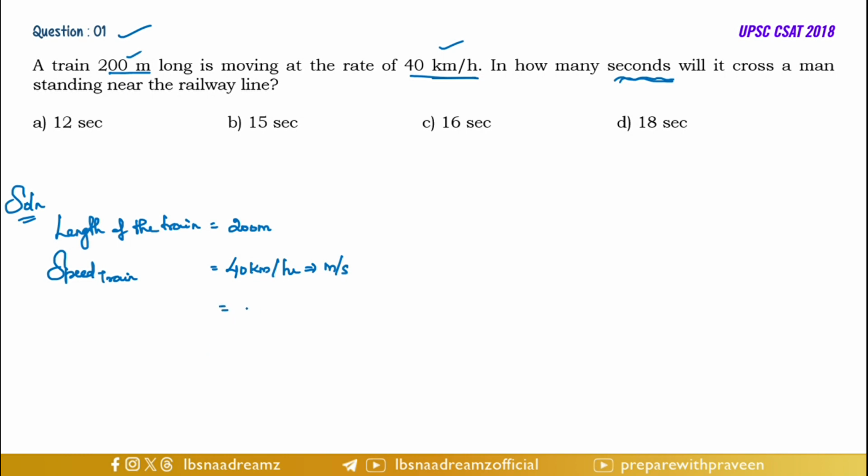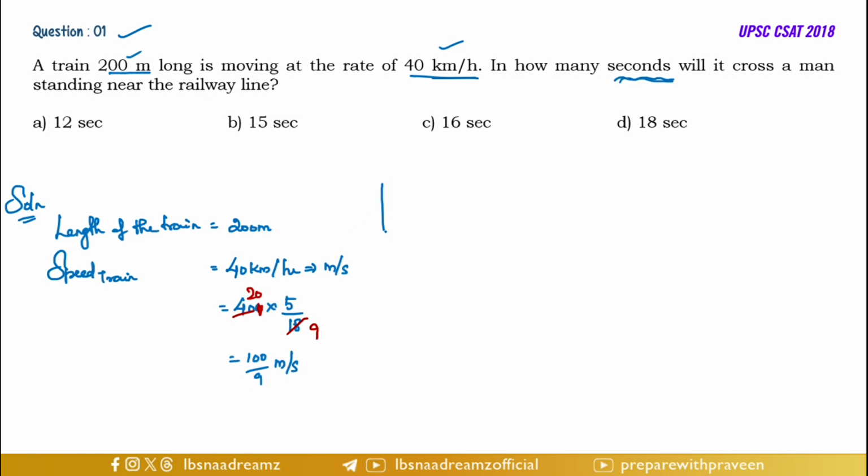To convert kilometer per hour to meter per second, we know that we have to multiply the speed by 5 by 18. So 9 twos are 18, 20 twos are 40, which is equal to 100 by 9 meter per second.